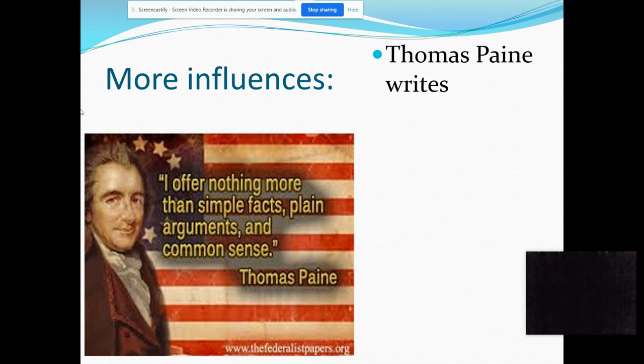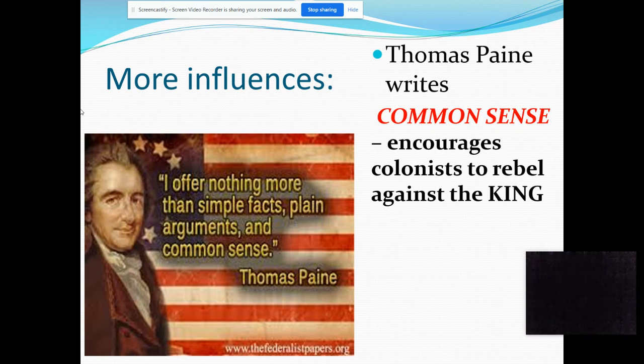He was another British writer, and he actually took the initiative to write a pamphlet called Common Sense, where he says that the colonists, the English colonists in the American colonies, should rebel against King George, and it was their right to do so. And that title, Common Sense, became like, well, of course we should do this. We should rule ourselves. So in addition to John Locke and the other Enlightenment thinkers, Thomas Paine would be a main influence as well.